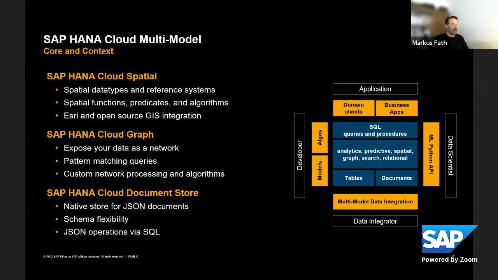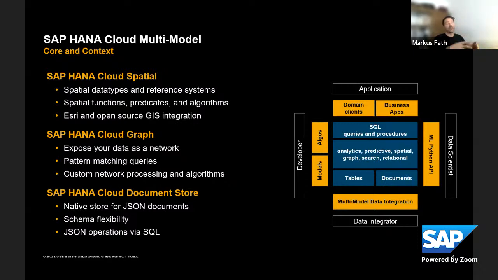But having these capabilities in HANA is nice, what you also need is a way to consume them, a way to expose them to the actual users. There are a couple of ways to do that. Of course, there is the developer community working directly with the database, but from a consumption point of view, we see data scientists working with Python and Jupyter notebooks all day long, so there is a nice Python API to work with these spatial capabilities.